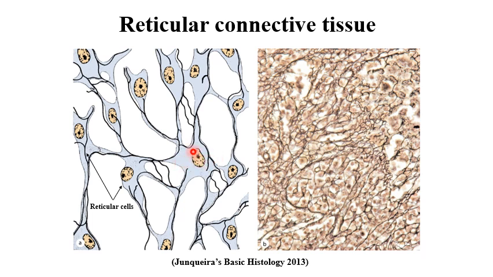Reticular cells remain associated with and partially cover reticular fibers. In this silver-stained section, as we see here, these black threads are a reticular fiber network to support the parenchyma of the hematopoietic tissue, bone marrow.